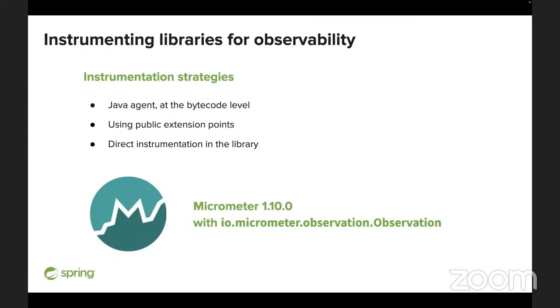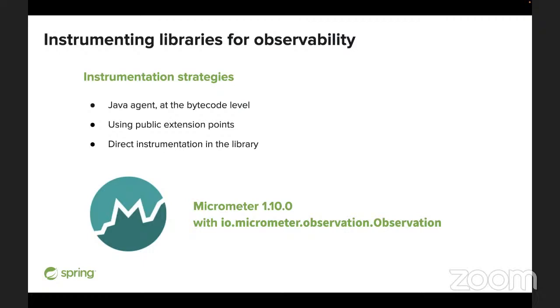The third option is to instrument the library directly. Essentially, you move the responsibility of providing metrics and traces into the library itself. So the library itself decides how to do it. It doesn't have to expose anything in public, and it can improve it when the API needs to change. So it's much more coherent this way.